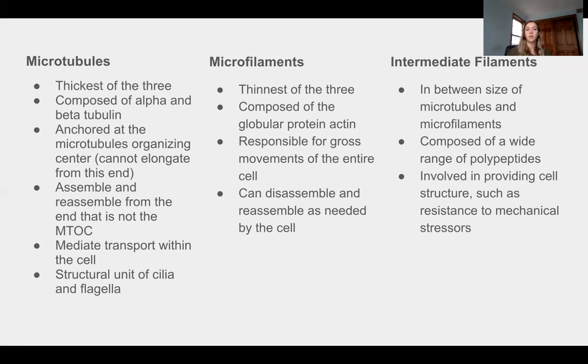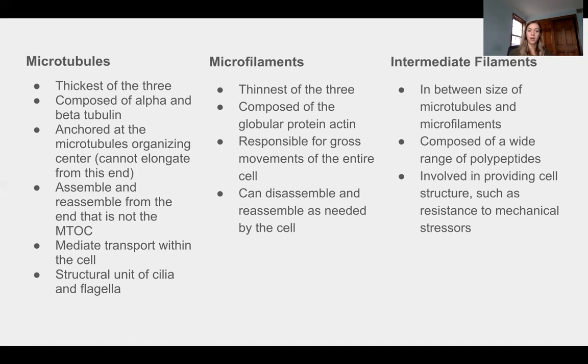So these are anchored at microtubule organizing centers, which I also call the MTOC, which is probably what I'll call it from now on. So they're anchored there. So microtubules are known for their very dynamic structures. So the alpha and beta tubulin can rapidly be added on or come off, allowing it to grow and shrink and be a very dynamic structure, but it is not dynamic from the MTOC end.